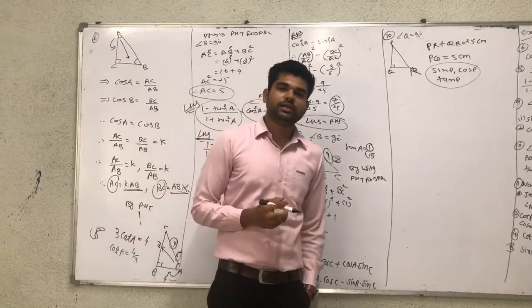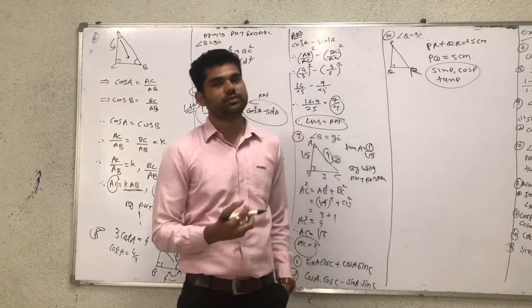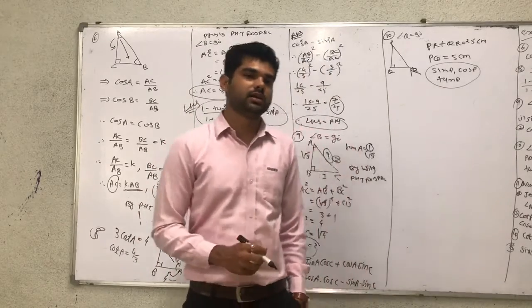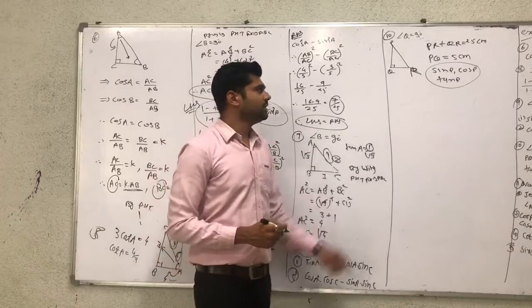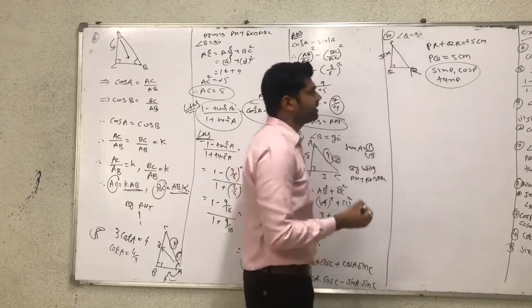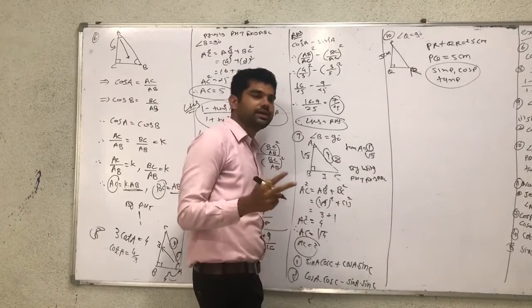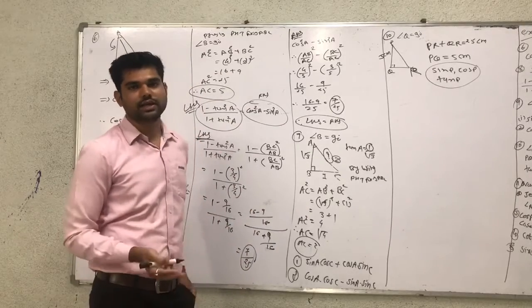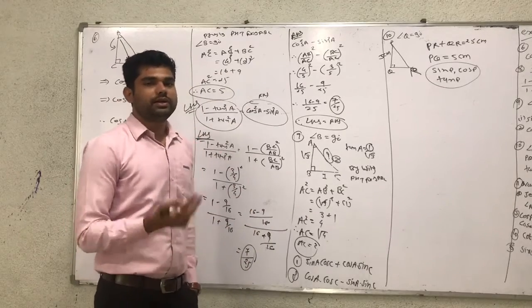So we know how to find them. You must have the values of all sides of the triangle. So we have only PQ. PQ is equal to 5 centimeter is given, and the addition of two sides, PR plus QR, is equal to 25, given. So it is a right angle triangle.